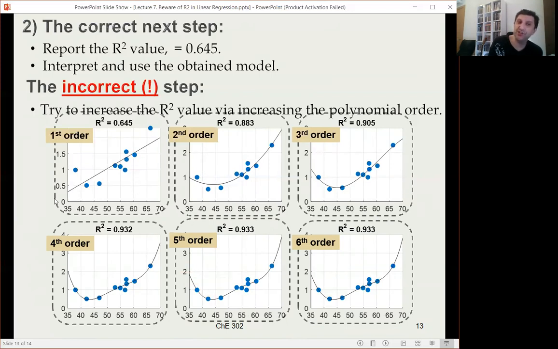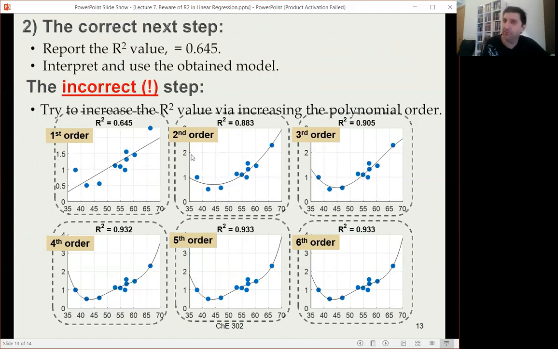Our model is essentially a first order model because I have produced data that way. But even though the true model is first order, by just increasing the order of your polynomial, you artificially increase R square and you get the false feeling that your model is better. It is not.